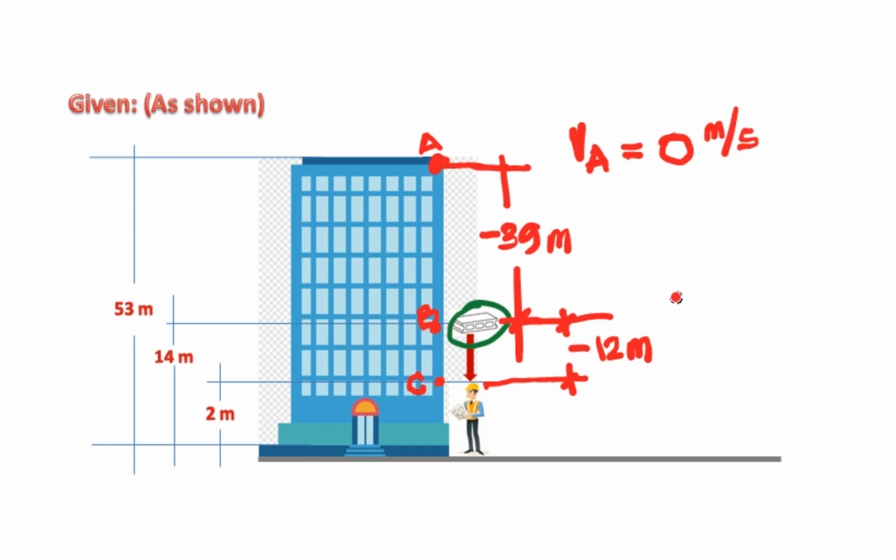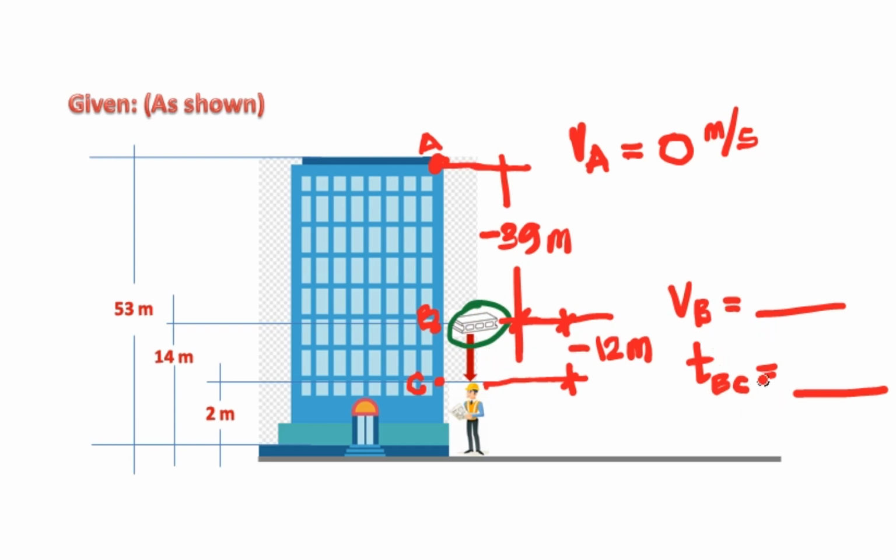If we can get the velocity at point B, then we can compute for the time that it will take for the cement block to travel from point B to point C. If we can get the time from point B to point C, this is the time that the engineer must run away from this block so that it wouldn't hit his head.